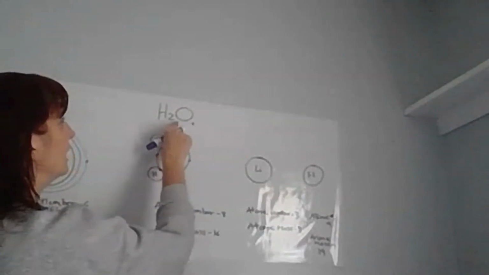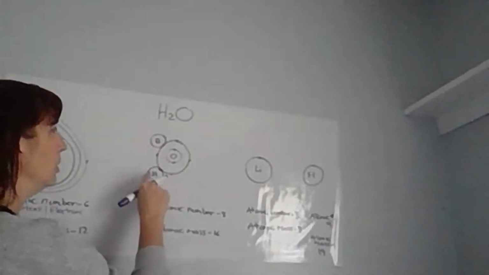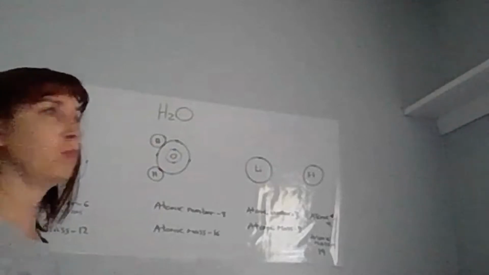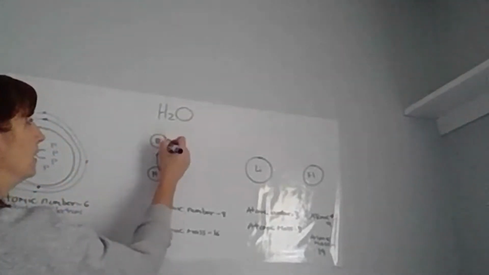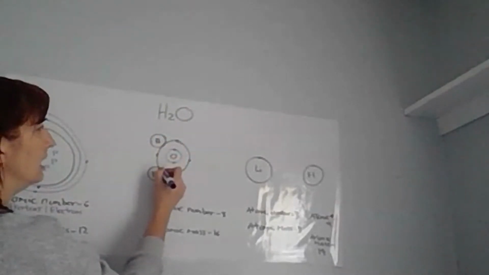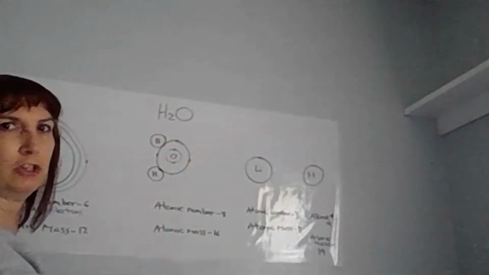With H2O, we have 1 atom of oxygen and 2 atoms of hydrogen. With hydrogen, my atomic number is just 1, so I only have 1 electron. That's why I'm putting this electron here and here, to show how it bonds. That's what it's attracted to.